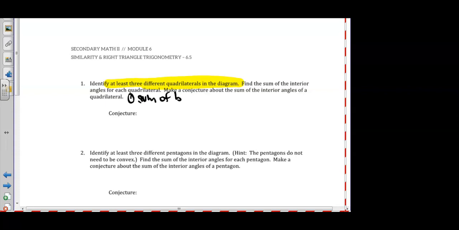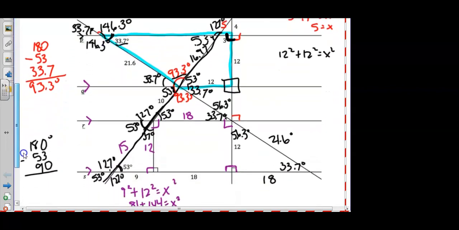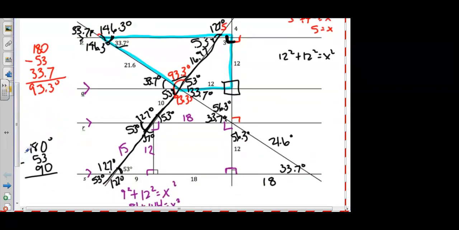Sum of the blue quadrilateral, my apologies, is 360 degrees.